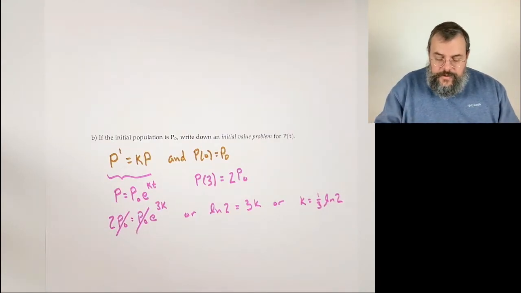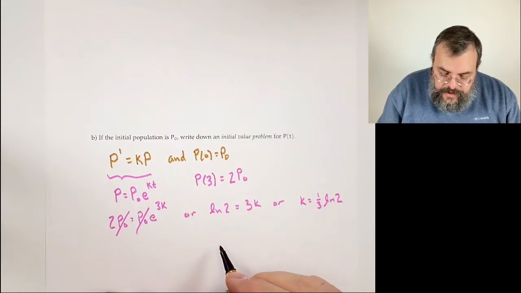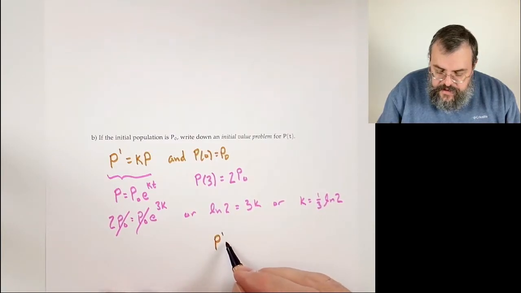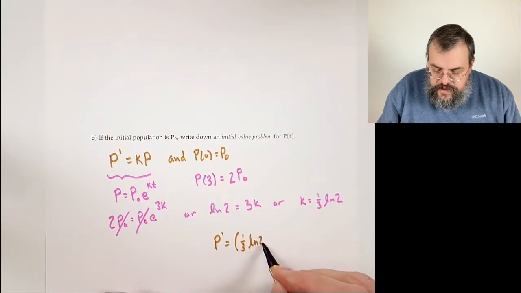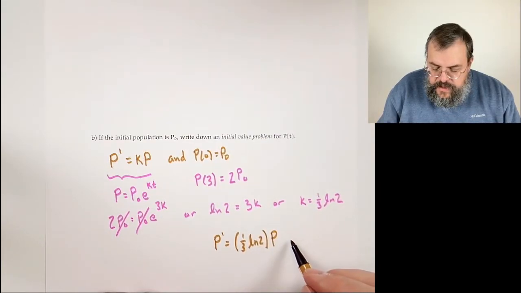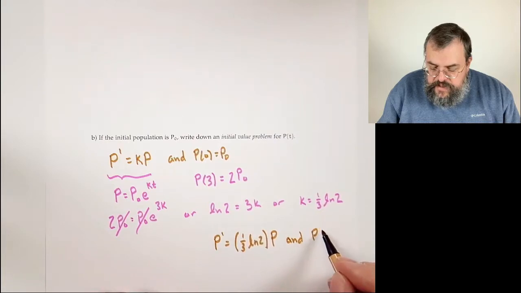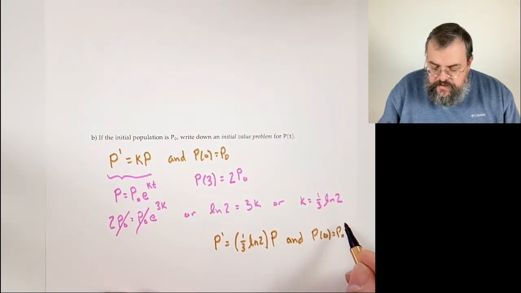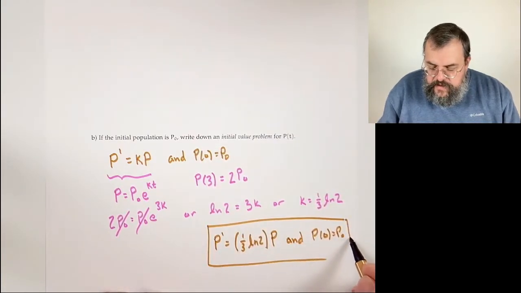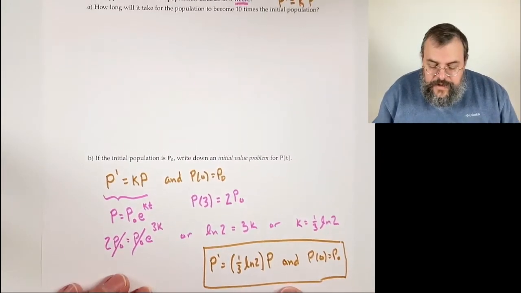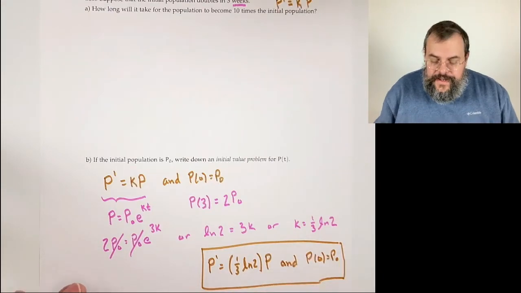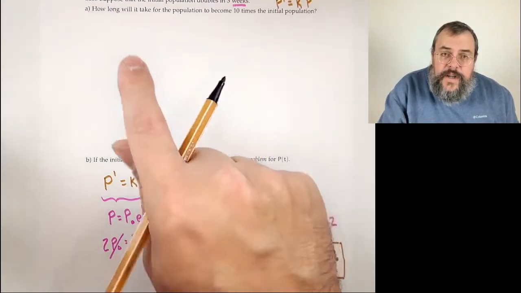We get the following: P prime is equal to 1/3 natural log of 2 times P, and P of 0 equals P0. And good. Done. But now we have so much more, right? Now we can answer part A.